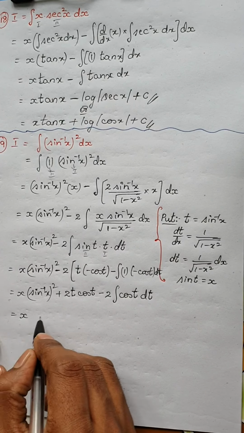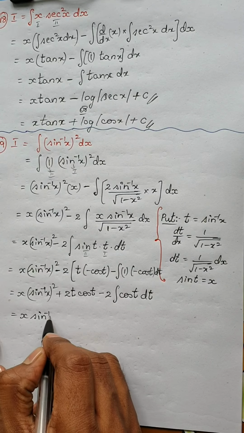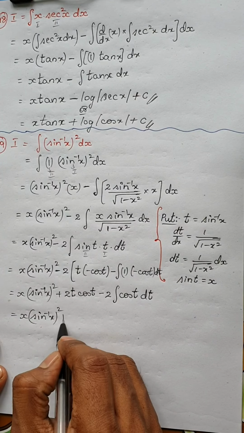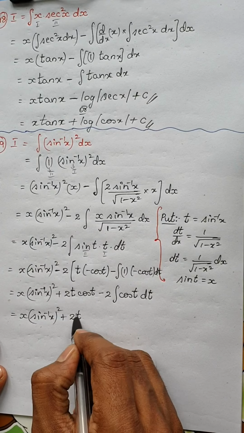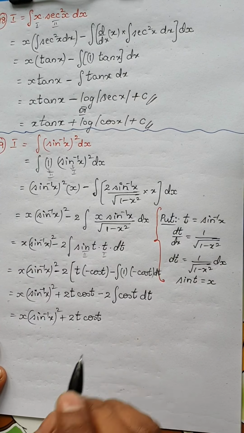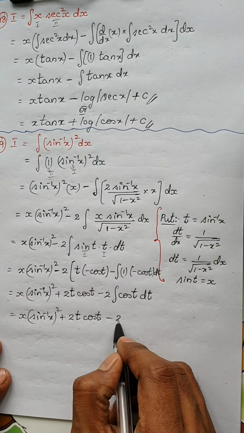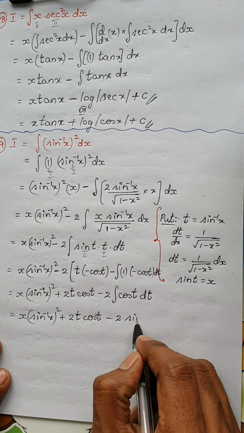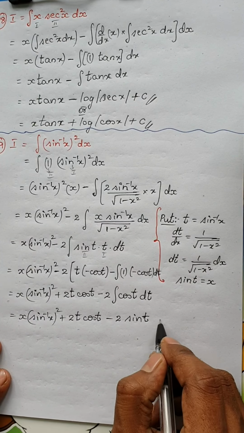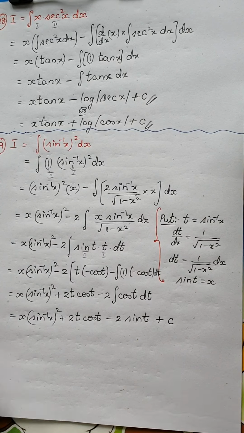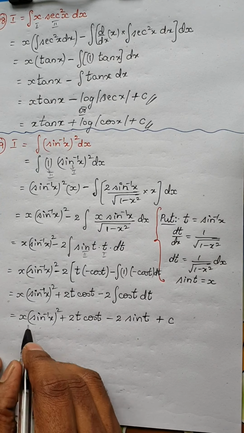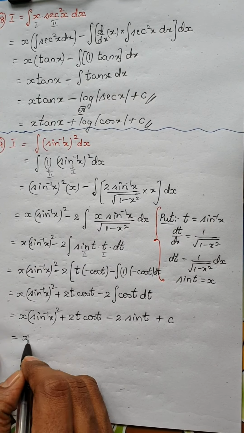So this becomes x into sine inverse of x whole square plus 2t cos t minus 2 into, we know the integral of cos is the sine function, so it is sine t plus c. Right. So this is nothing but, let me replace back for t.